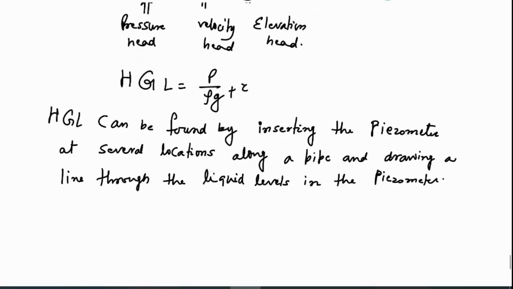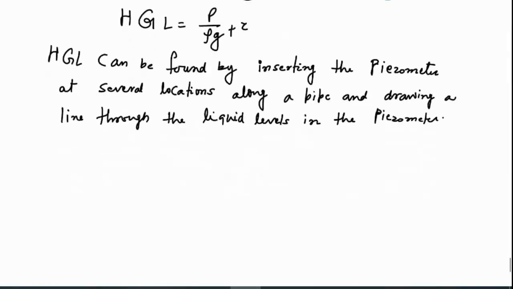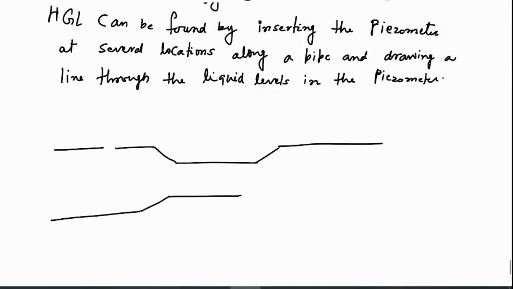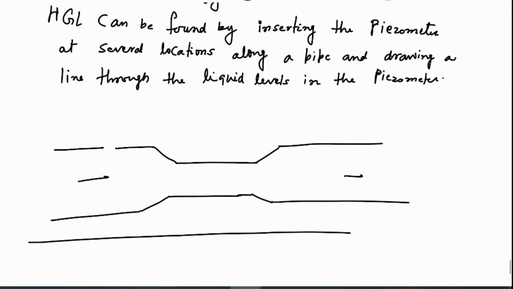So HGL equals Z plus P by rho g. Let us consider a pipe of this kind, and water is flowing in this pipe, and this is my reference line.